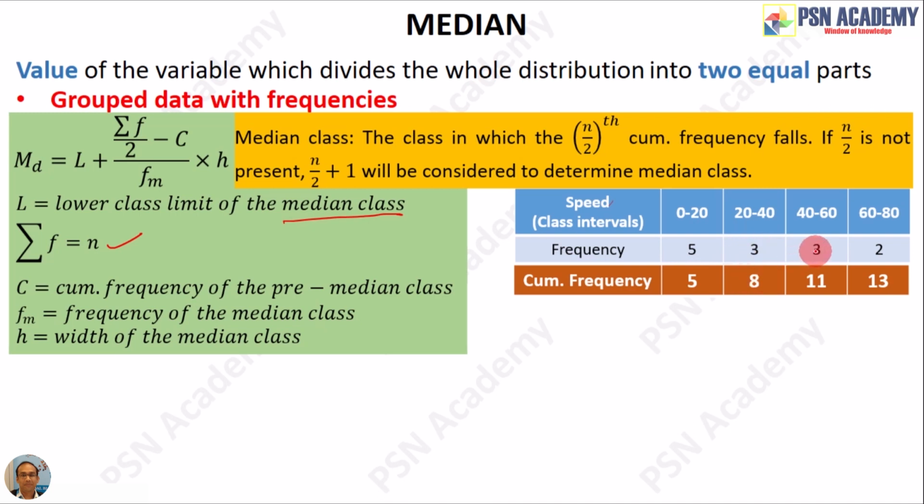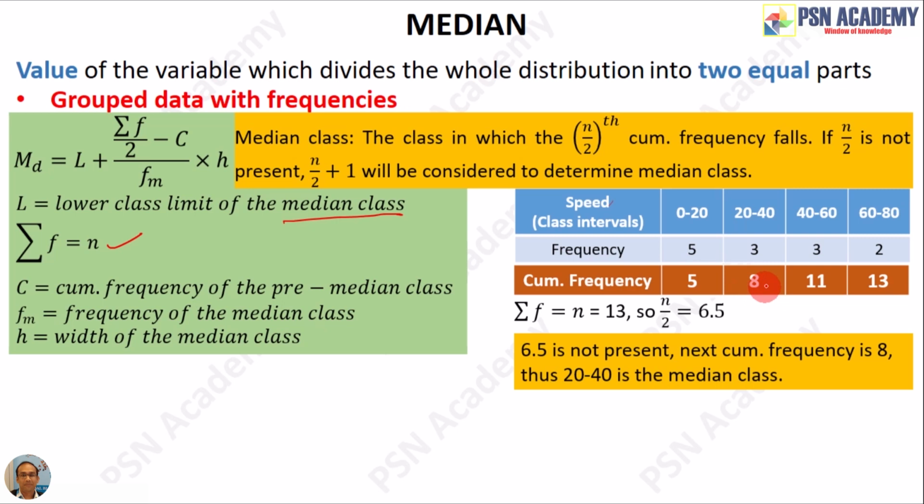Then this 8 is added to 3 to get 11, and this 11 is added to 2 to get 13. Now we go for this summation of f, that is actually n, which is 13. So n by 2 is 6.5. 6.5 is missing in this cumulative frequency list. So according to this definition, we will consider the next cumulative frequency, that is 8. So our median class will be 20 to 40.